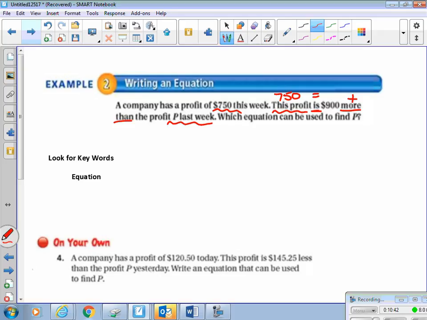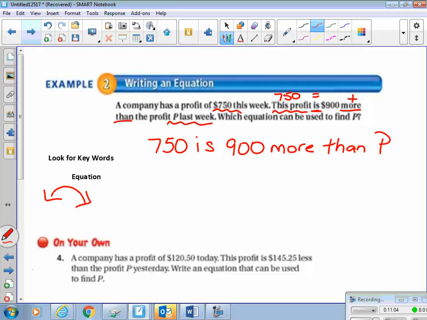And whenever we see more than or less than, that's when we flip-flop the way we read it. So I have 750 is 900 more than P.